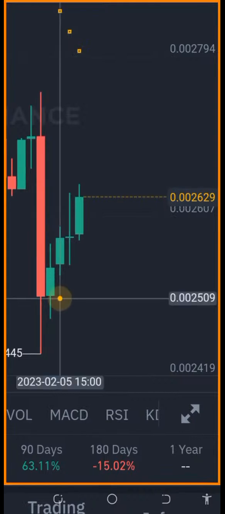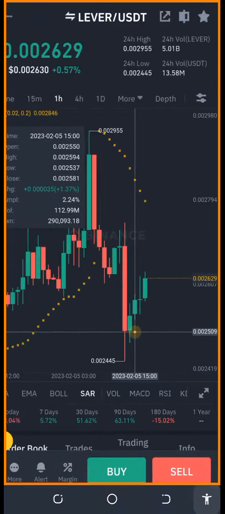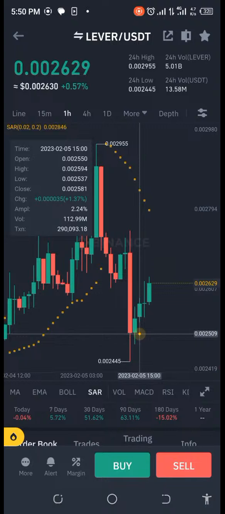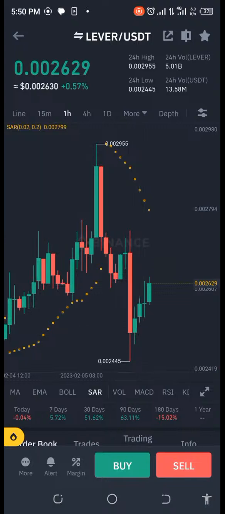It got to 2509. So if I had put 2570, 2550, thereabout, I would have gotten it at a better price. And then I can place my sell limit at something much more considerable. So I hope you'll be able to learn something from here.